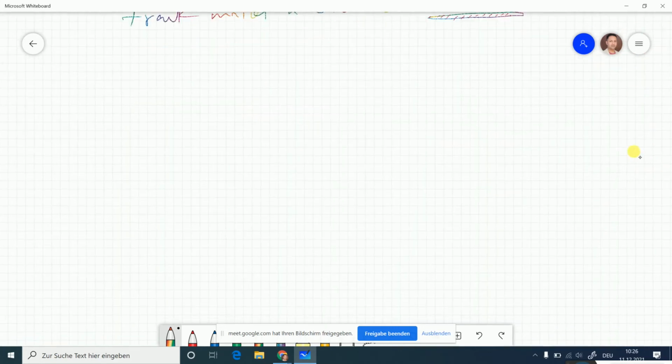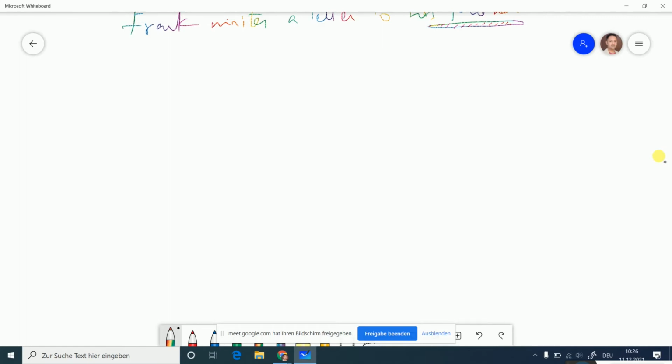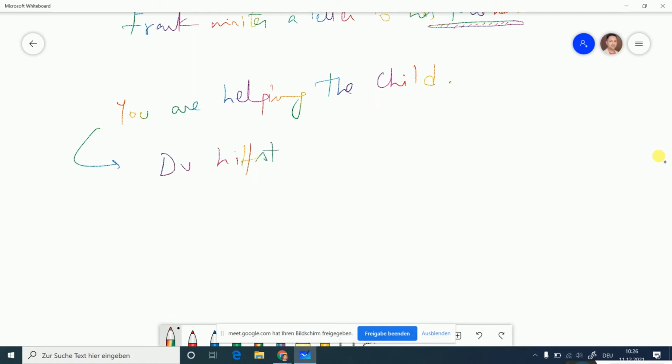A few more examples, one or two more. Now, if I were to say, you are helping the child, in German it will be: Du hilfst dem Kind.